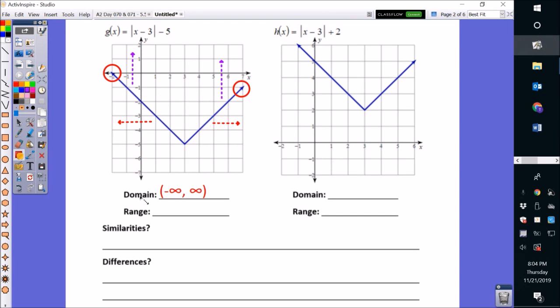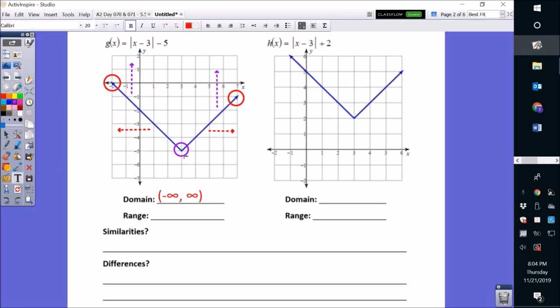But for range, we're always going to focus on the bottom of the graph to the top. So let's take a look at the bottom. Right here. So the bottom of the graph, we compare it to the y value, which is at -5. So that's where it's going to start.